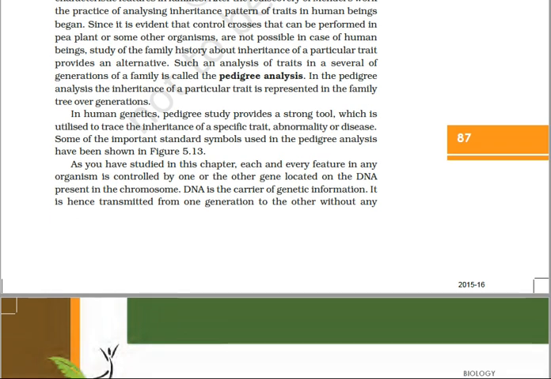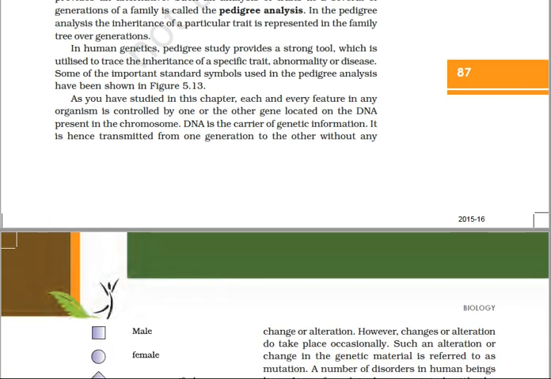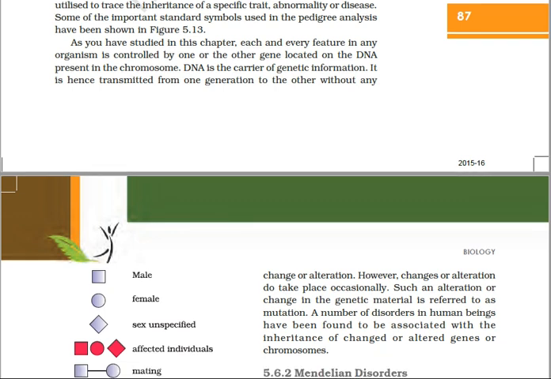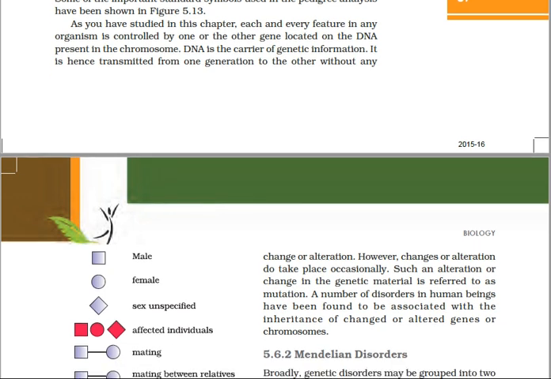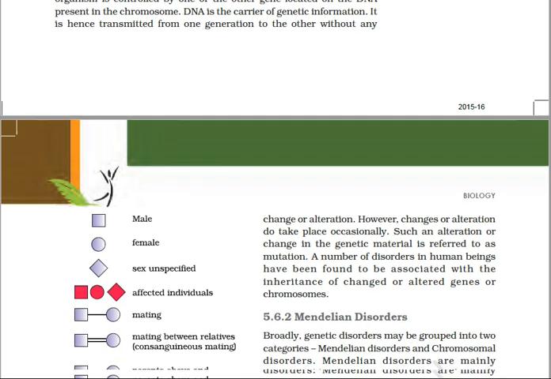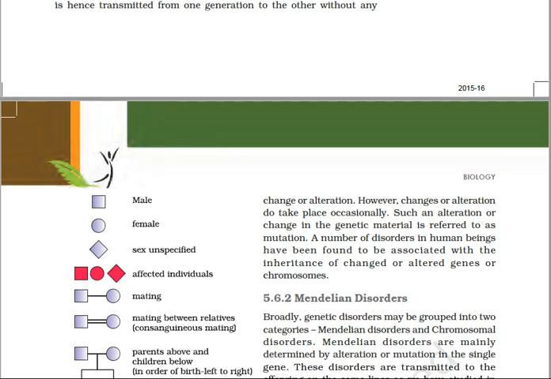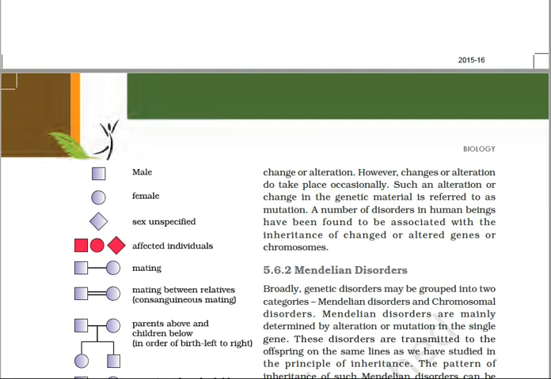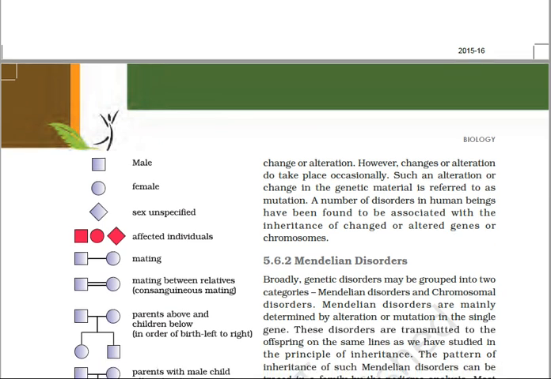Here on the screen you can see the pedigree analysis. It is a system of analysis by the movement and distribution of certain genetic traits. Here you can see that females are symbolized by circles, males are symbolized by squares, and then sex unspecified.